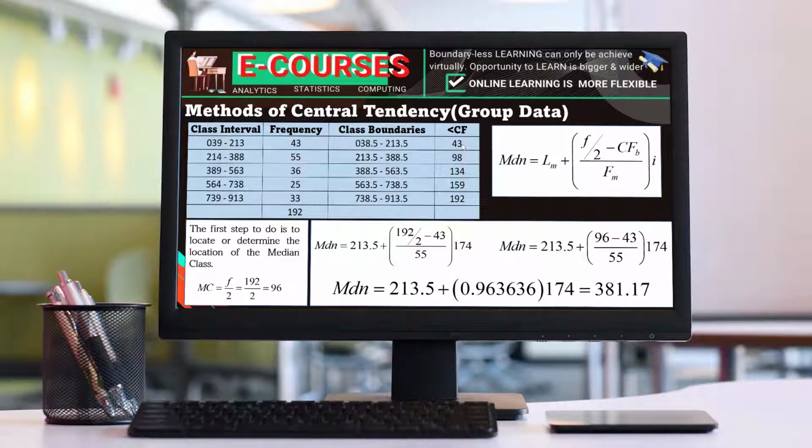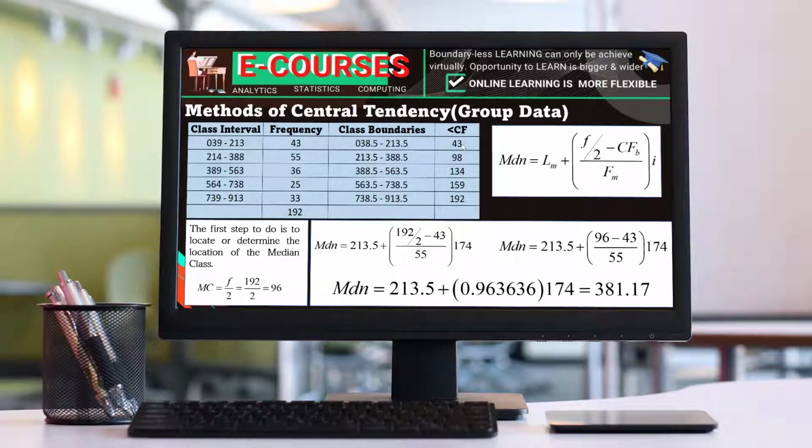So the computed location of the median class is 96, which is lower than 98. Meaning, the median class is the class interval 214 to 388.